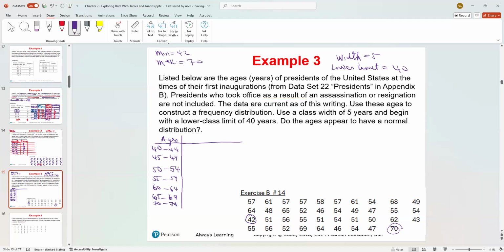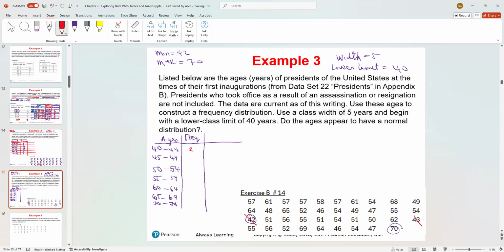Now, what is the frequency? In the table, if you look and find all the data, for now all they ask you to do is find how many data are between 40 and 44. It's 1 and 2, so we have only two of them. And you can continue.